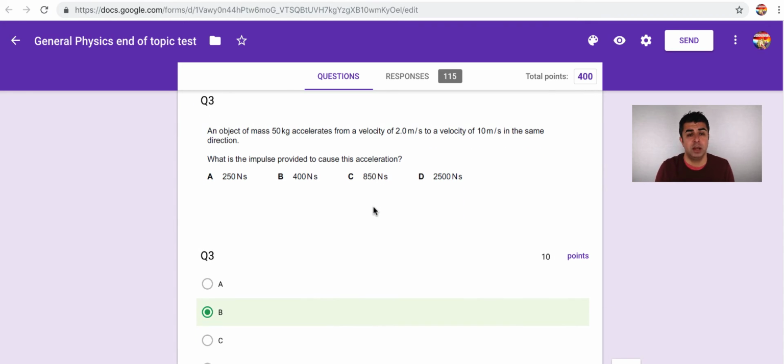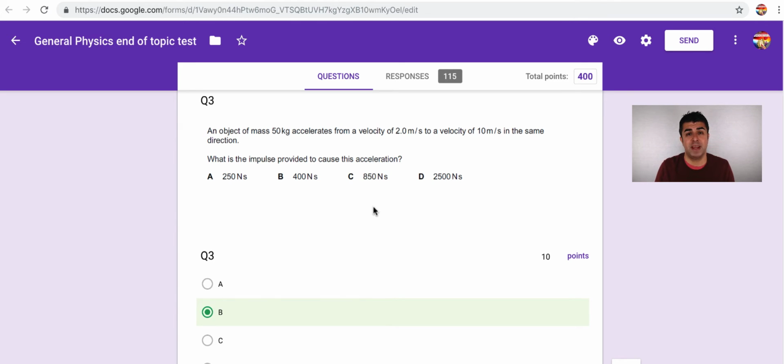Question number 3. An object of mass 50 kilograms accelerates from a velocity of 2 meters per second to a velocity of 10 meters per second in the same direction. What is the impulse provided to cause this acceleration? Well, the formula for impulse is Ft equals mv minus mu. In other words, impulse is equal to change in momentum.